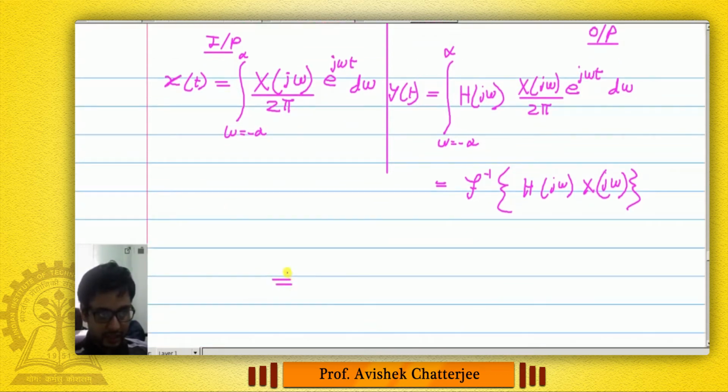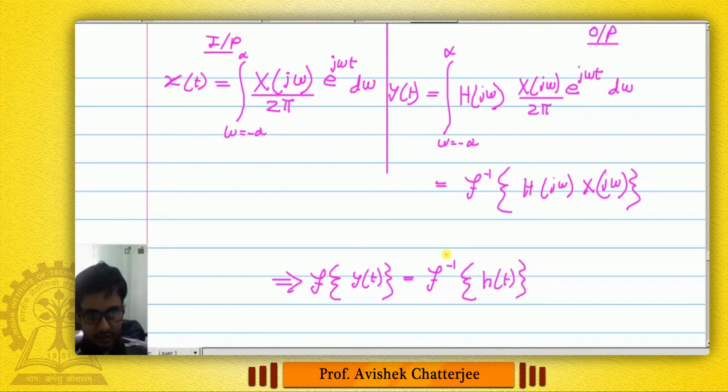and from this you can easily say that the Fourier transform of y is equal to the Fourier transform of small h times the Fourier transform of x. This is also a very important fact.